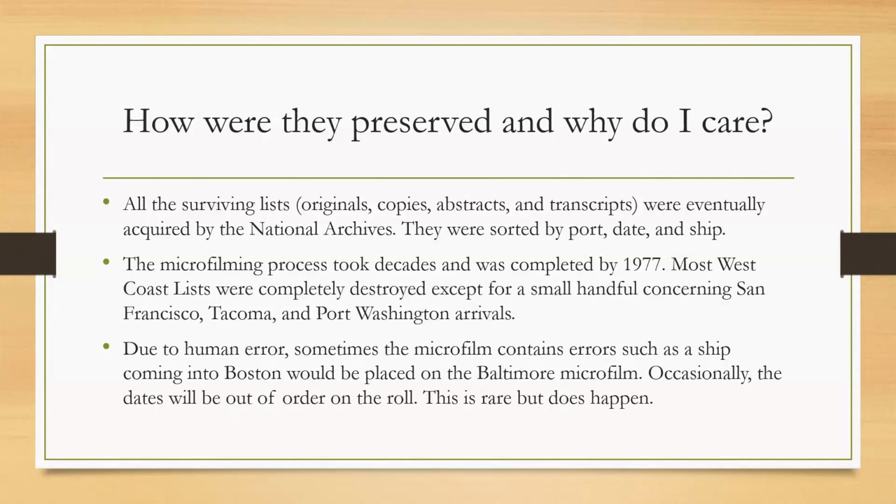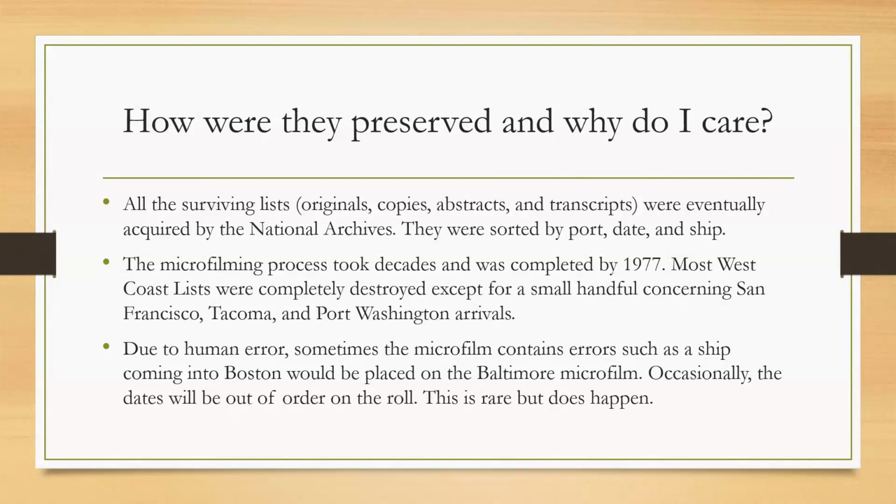When you're looking through this microfilm or databases, due to human error, sometimes the microfilm contains a number of errors, such as a ship coming into Boston which would be placed on the Baltimore microfilm. You'll also see it where the ship did come in to Boston, but the document will have Port of Baltimore on it, and then it'll be scratched out and Boston will be put in its stead because they bought large amounts of paper documents the last time they were in Boston, for example, and aren't going to waste the paper.